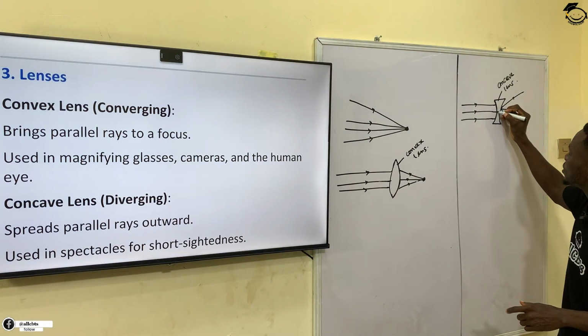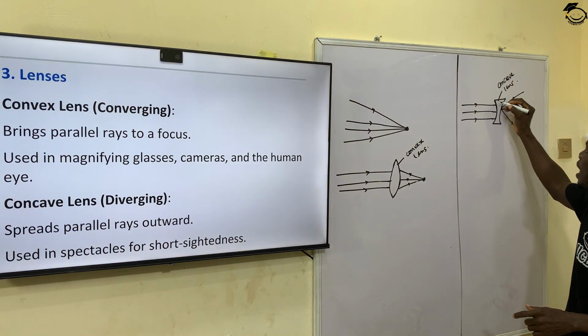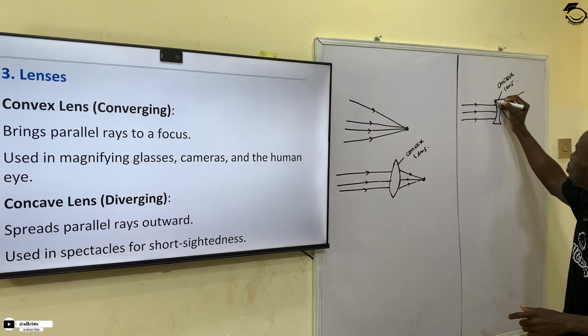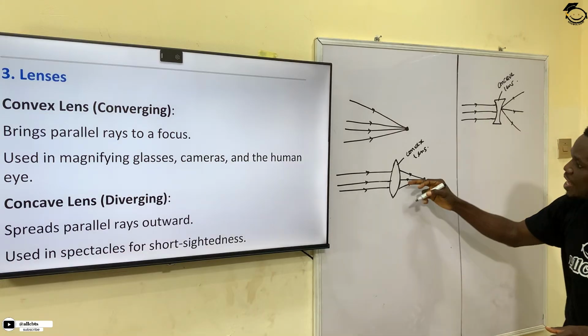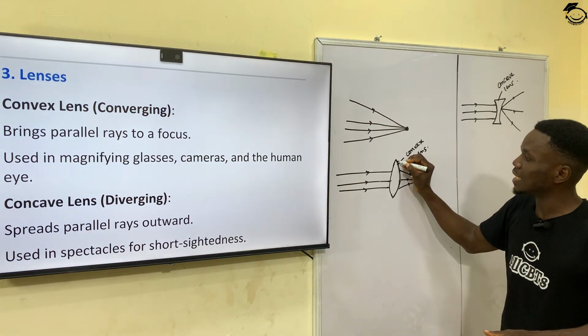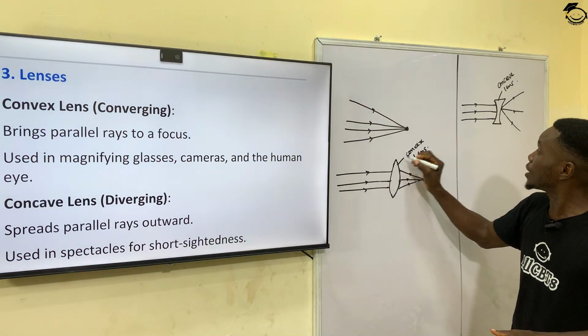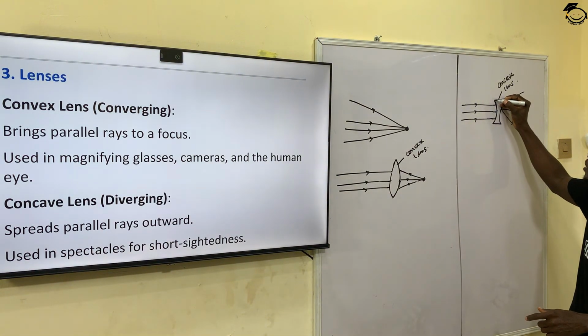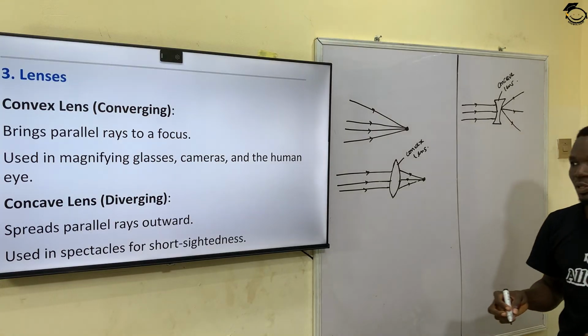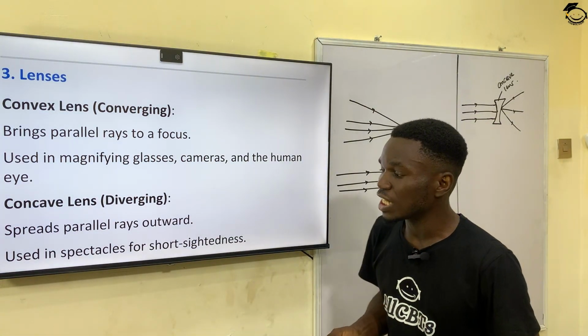Hence, here the midpoint is less thick compared to the edges. But here, the midpoint is thicker than the edges. So in a convex lens, the midpoint is thicker than the edges, but in a concave lens, the edges are thicker than the midpoint.